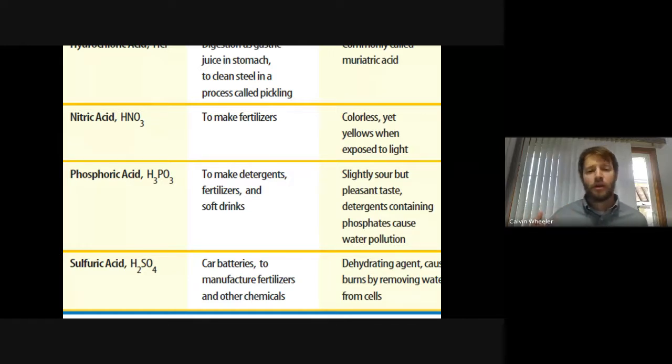And the reason why we use sulfuric acid batteries in cars rather than alkaline batteries is because a chemical battery made of sulfuric acid and lead is rechargeable over and over and over. As your car is driving, as the engine's running, the alternator is turning and charging the battery.